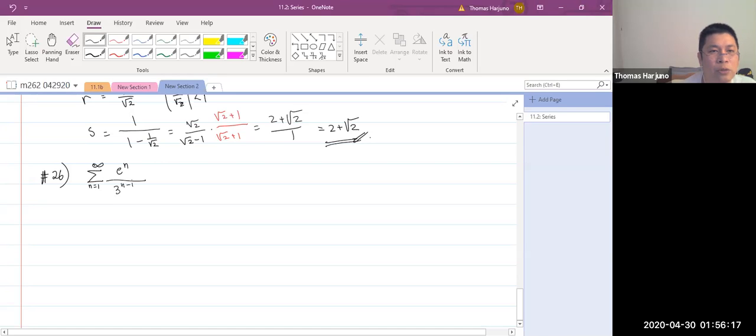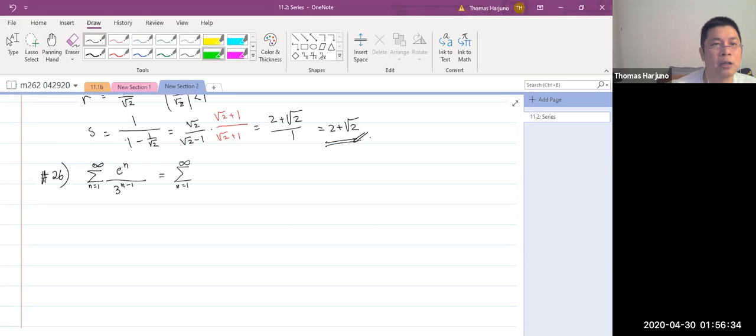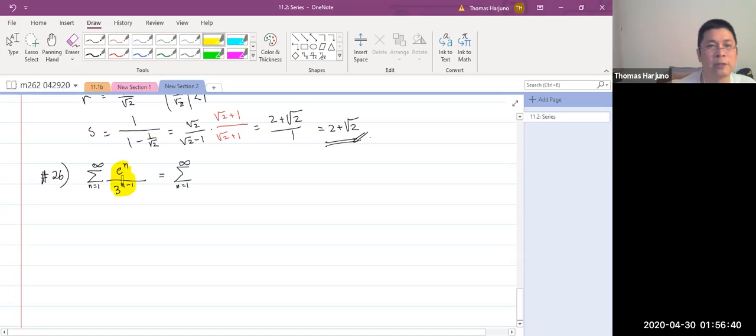It's kind of hard to see if this is geometric. I know it will be geometric, but to convince you, and if this were in your test, I need you to convince me by rewriting this sequence into something that looks like our general geometric sequence.